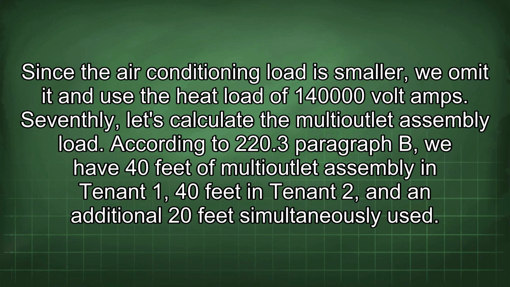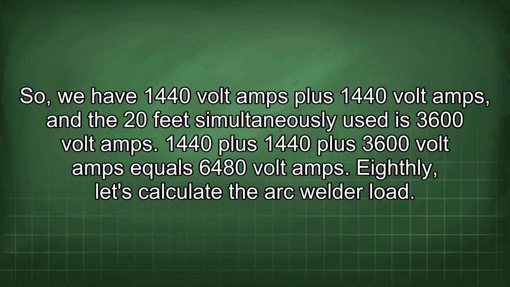According to 220.3 paragraph B, we have 40 feet of multi-outlet assembly in tenant 1, 40 feet in tenant 2, and an additional 20 feet simultaneously used. So, we have 1440 volt-amps plus 1440 volt-amps, and the 20 feet simultaneously used is 3,600 volt-amps. 1440 plus 1440 plus 3,600 volt-amps equals 6,480 volt-amps.